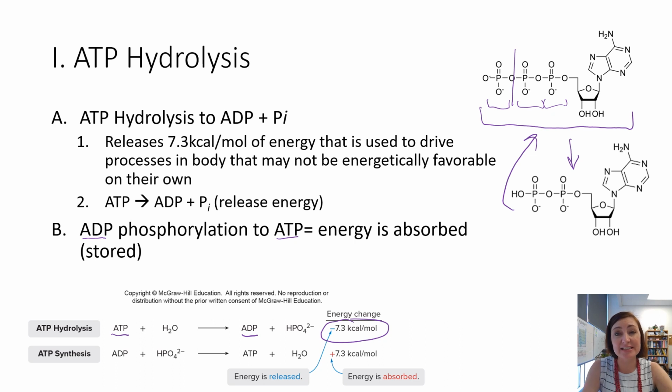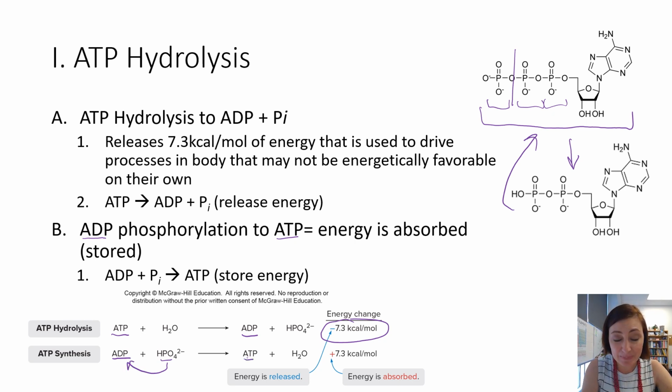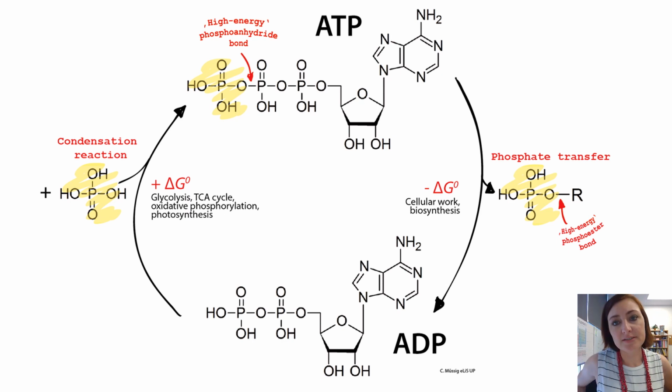That negative sign is telling us that energy is released. When we add a phosphate or we phosphorylate ADP to ATP, energy is absorbed. So we're storing energy in that bond that we can then use to do work later on to couple with another reaction.